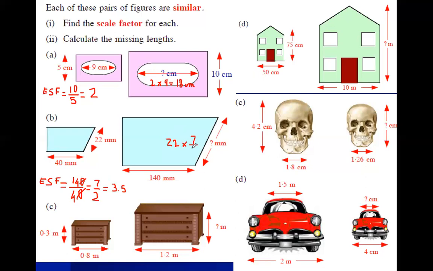So if I had gone and just put 3.5, 3.5 times 22 is hard, whereas 22 divided by 2, that's 11. What's 11 times 7? 77. So do you see why keeping fractions is always better than using decimals? Because it's much easier to simplify.